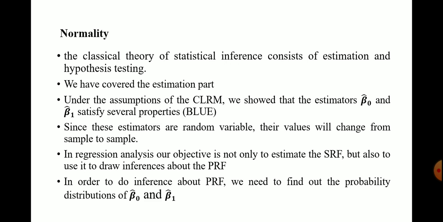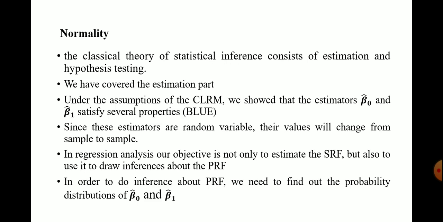In regression analysis our aim was not only to estimate the SRF but also to infer about the PRF. There are two steps: first you find out the SRF, then you assign this SRF value to the PRF.